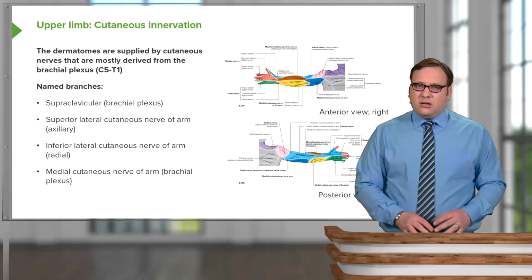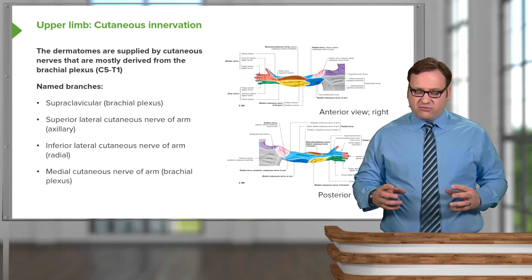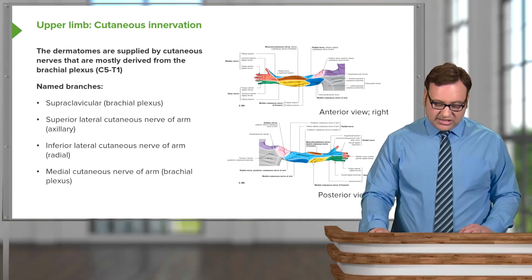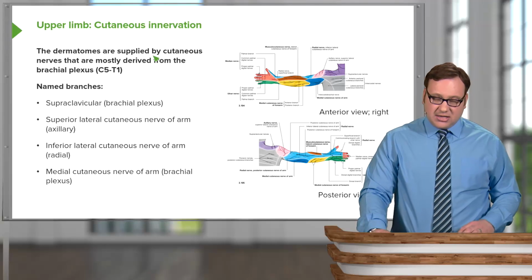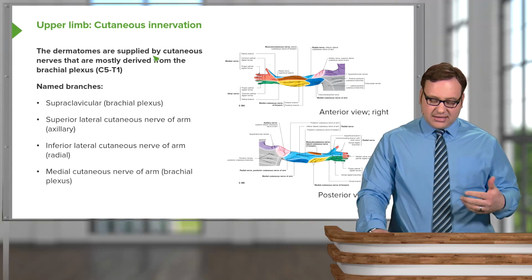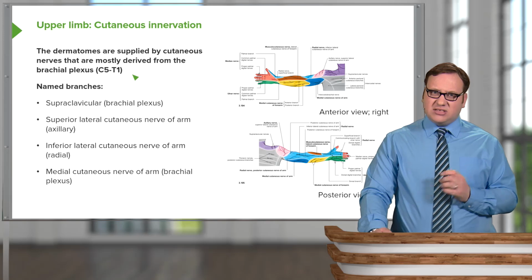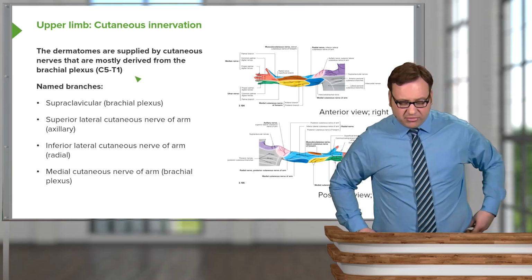So we've looked at areas of the upper limb that receive innervation from the spinal cord segments, the dermatomes. But what actual nerves supply the dermatomes? Because these are named. The dermatomes are supplied by cutaneous nerves, and these are mostly derived from the brachial plexus.